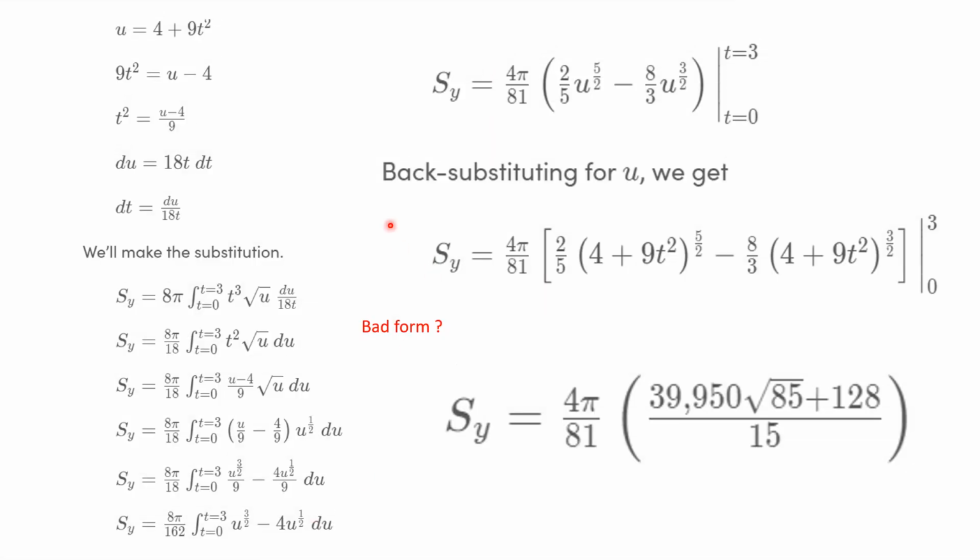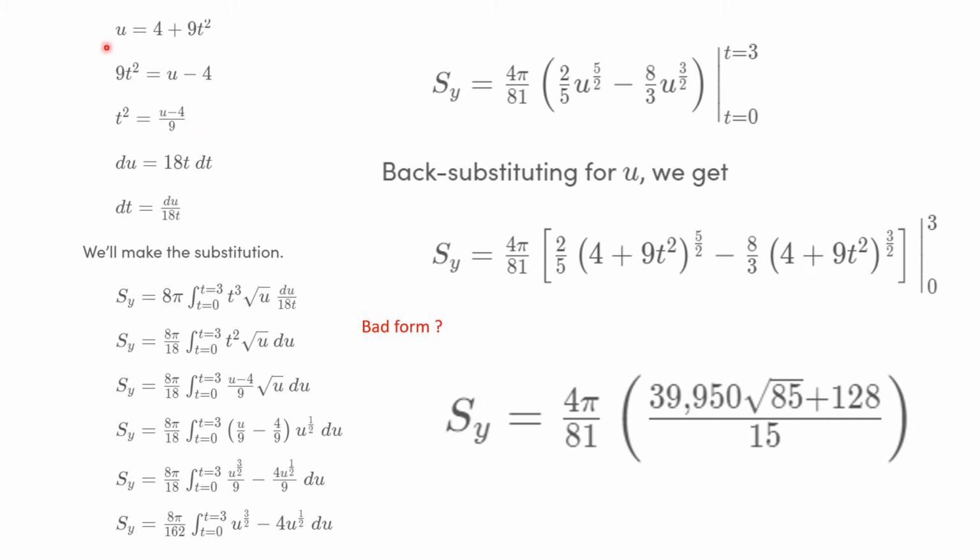So we're going to let u be 4 plus 9t squared, and that means that 9t squared is equal to u minus 4. This is a clever Calc 1 substitution. So you get u minus 4, that's just simplifying this, and that means that t squared is u minus 4 divided by 9.